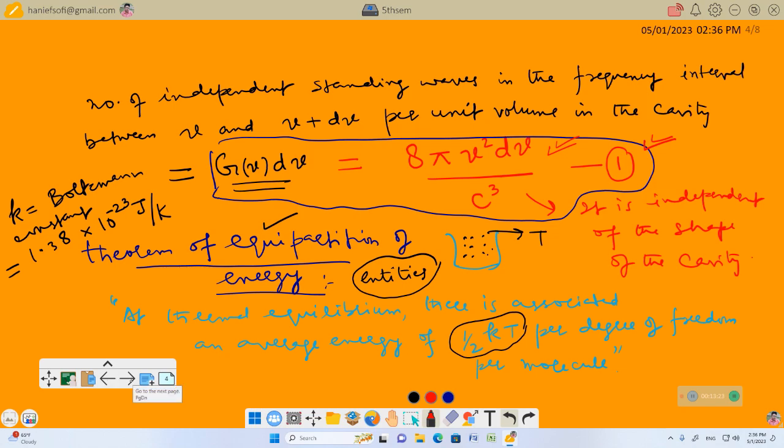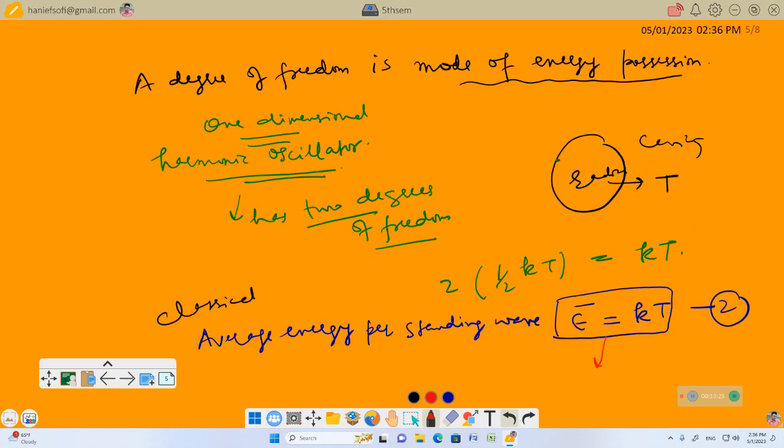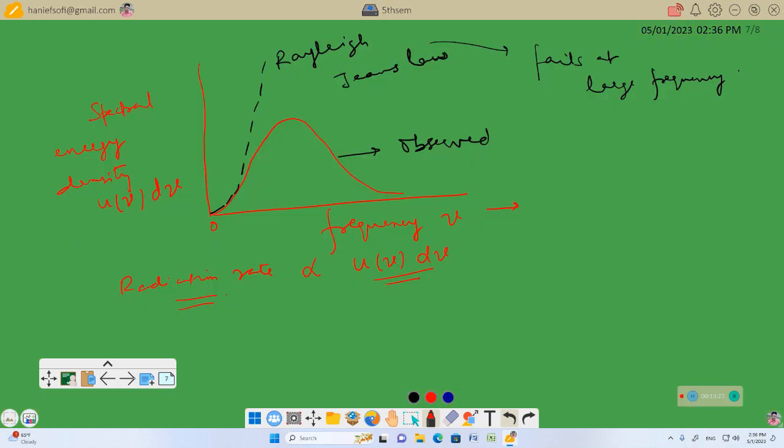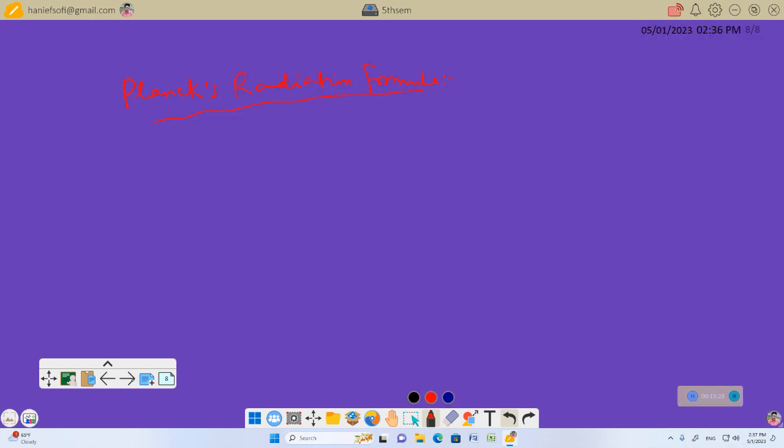Now, see what Planck did. I will first write that formula, Planck's radiation formula, then we will continue. It was in the year 1900 when German physicist Max Planck used what is called lucky guesswork to develop a formula for the spectral energy density of black body radiation.